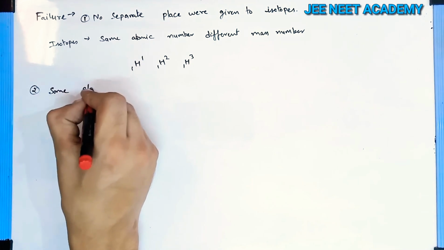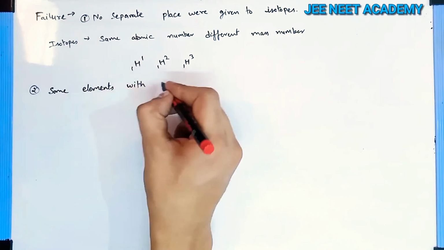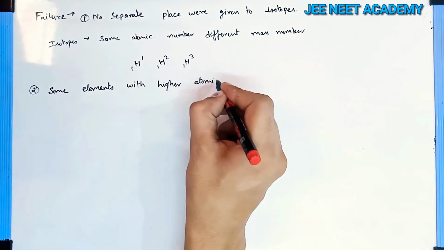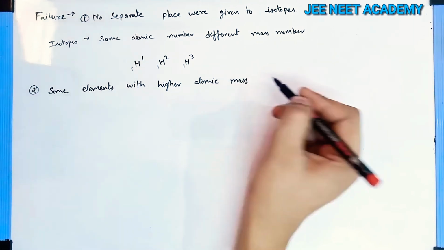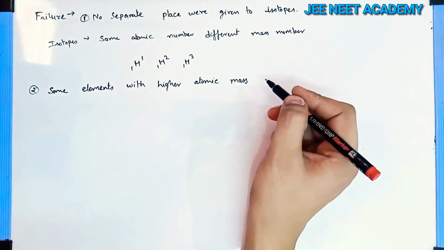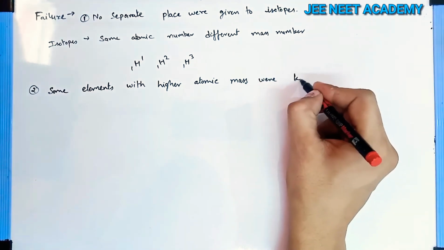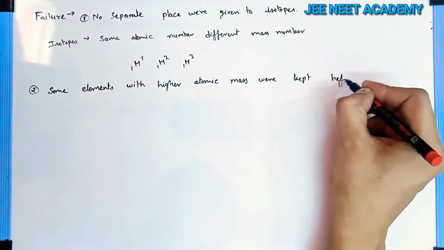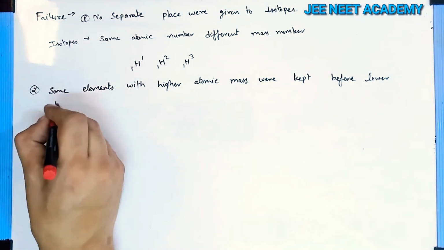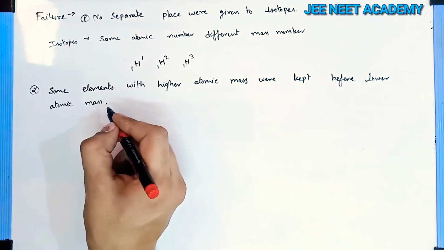Some elements with higher atomic mass were kept before lower atomic mass, which contradicts Mendeleev's rule.